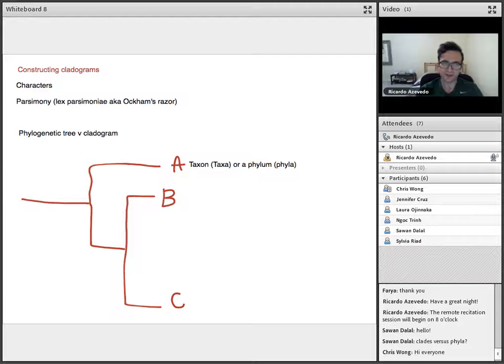A phylogenetic tree, on the other hand, has additional information about the amount of change that has happened since the emergence of these species.